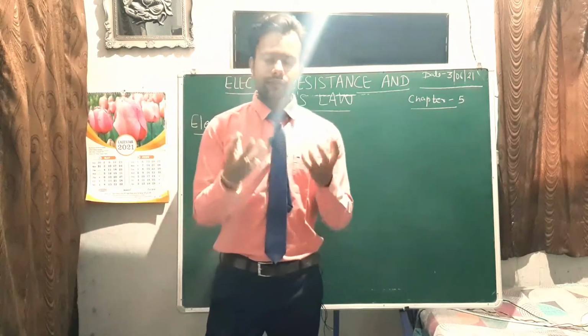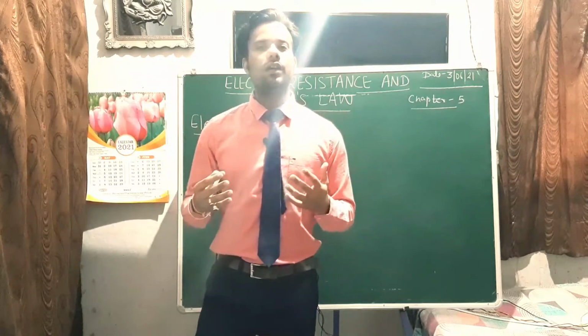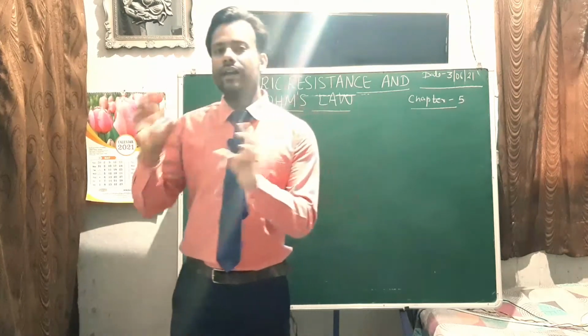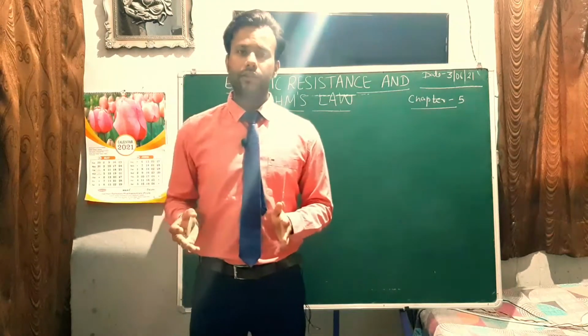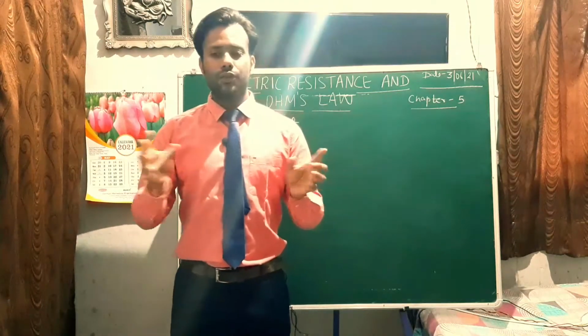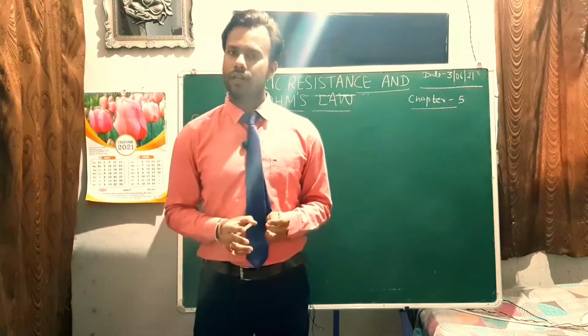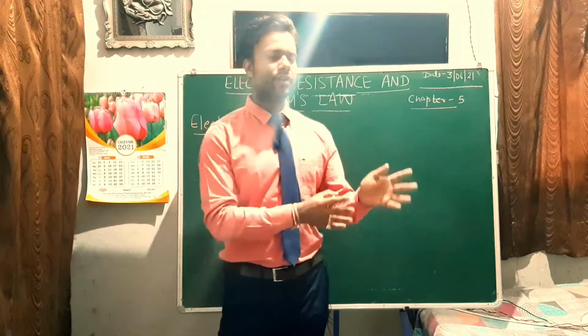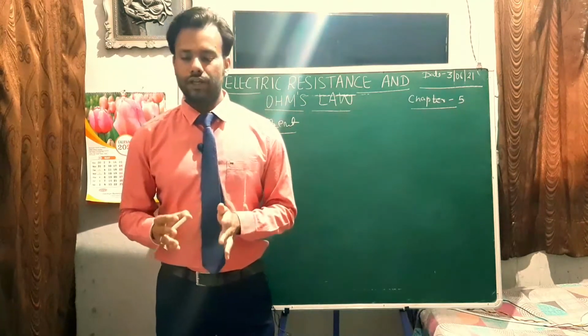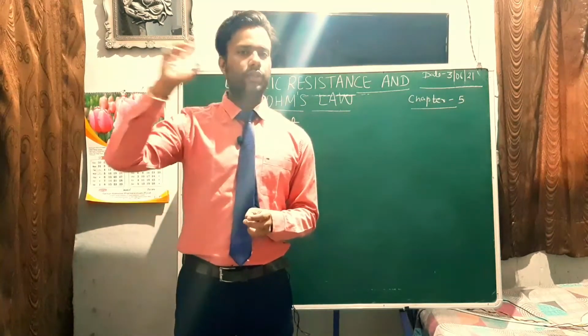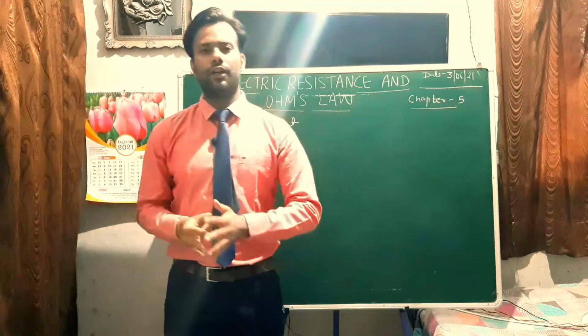Like the veins in a human body, it's like the wires in an electrical circuit. Like to flow the blood, we need some connecting path to the different organs and parts of the body. Similarly, in an electrical circuit, there are connecting wires which connect from the source to the different parts of the electrical circuit.